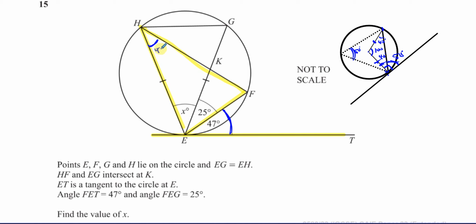So this angle here is 47 degrees. We can say that, but even better than that is we can think about this chord EG. This chord EG here meets the circle and meets the tangent at this angle over here.